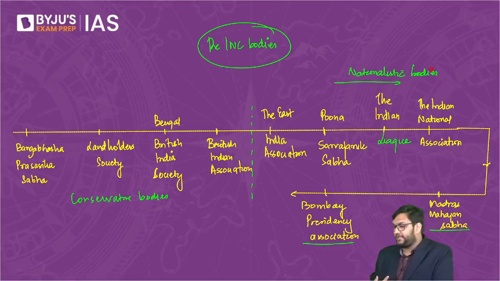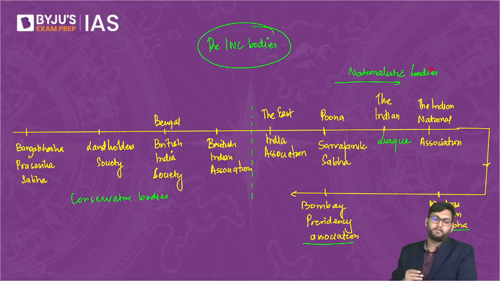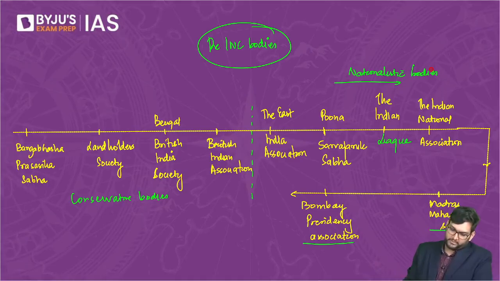And thereafter, the next set is very simply to create a political awakening of the people. This is in Bengal. The name itself should be clear.